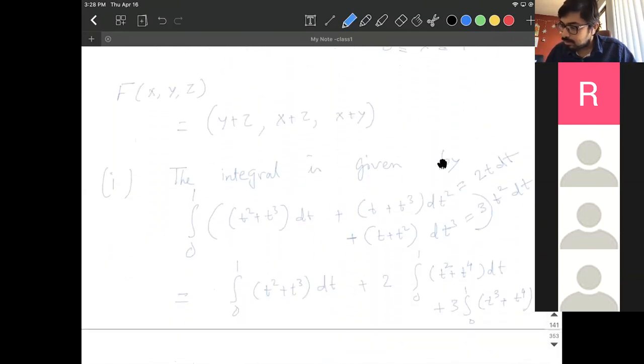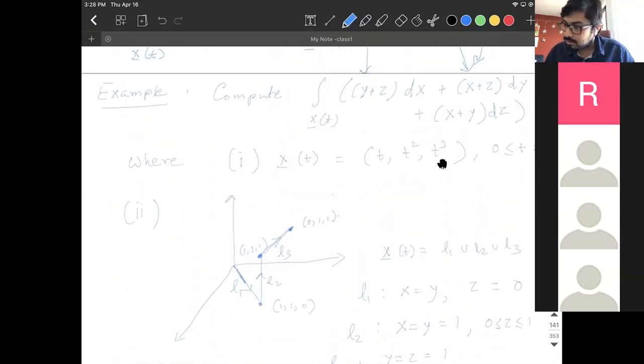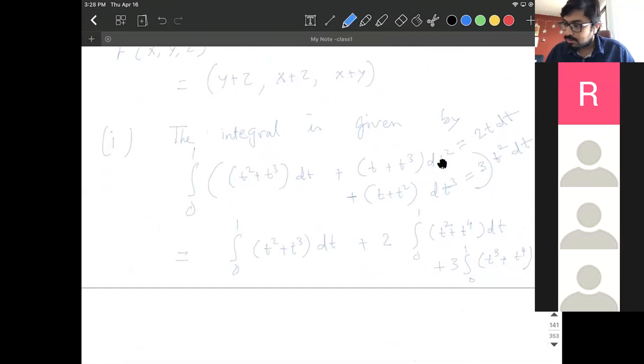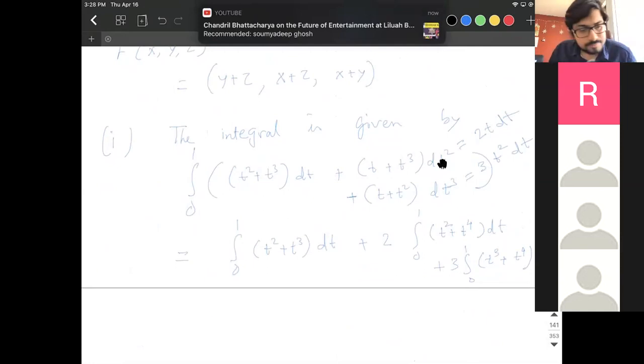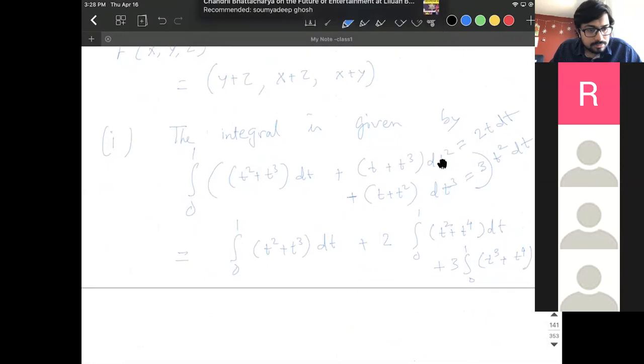But now remember that it's d of x2t, and x2t in this case is t squared. So that's why this is d of t squared, and similarly the last one. Okay, so this is clear. So this was the question. Or was it something else?